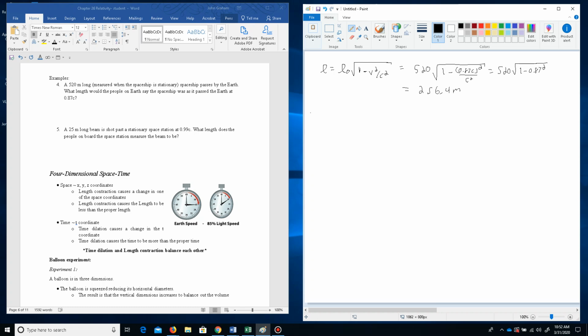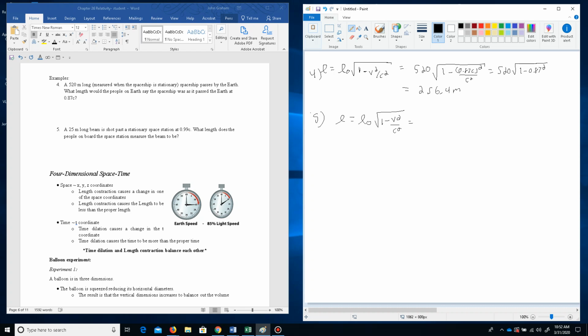All right, the next one, so this is 4, 5. A 25-meter long beam is shot past a stationary spaceship at 0.99 c. What length do the people on board the spaceship measure the beam to be? Right, so you have L equals L sub 0 times square root of 1 minus v squared over c squared.